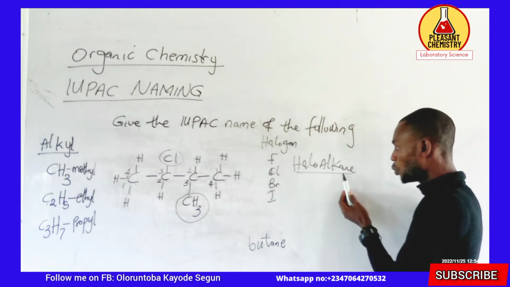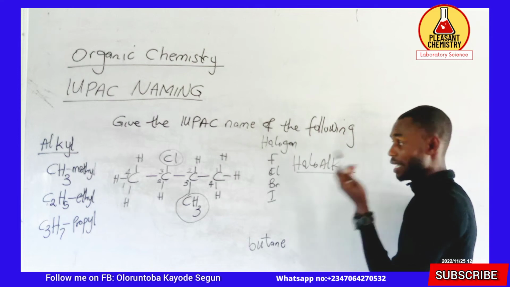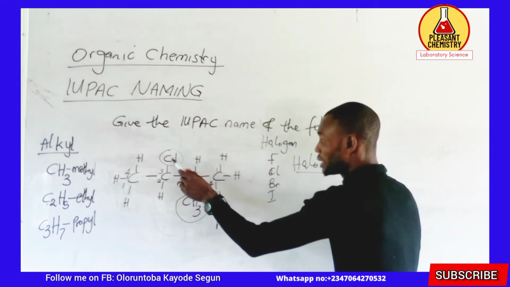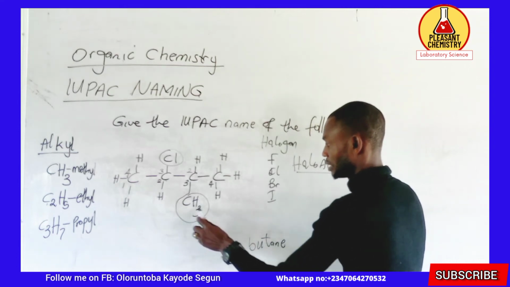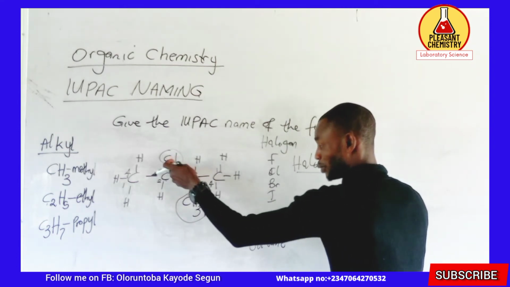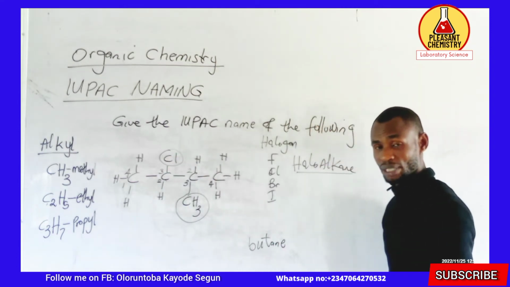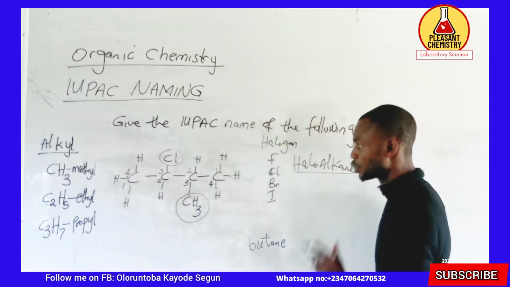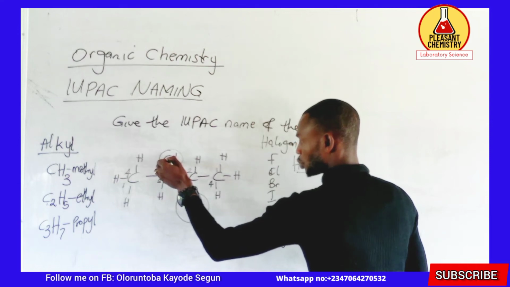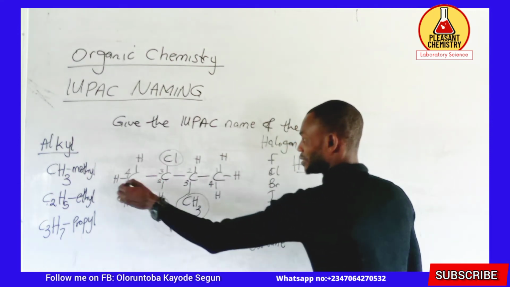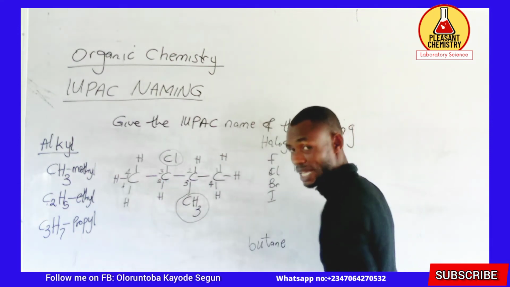It is a haloalkane, and also chlorine is more electronegative than methyl. Which means that chlorine is more powerful than methyl, and we are going to give regard to that. So because of that, we start counting from here, because the chloro group has restricted our counting from the other side.